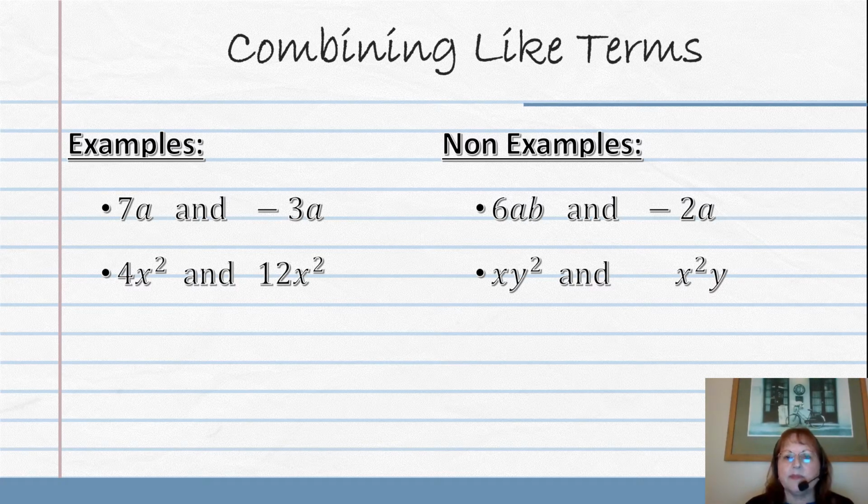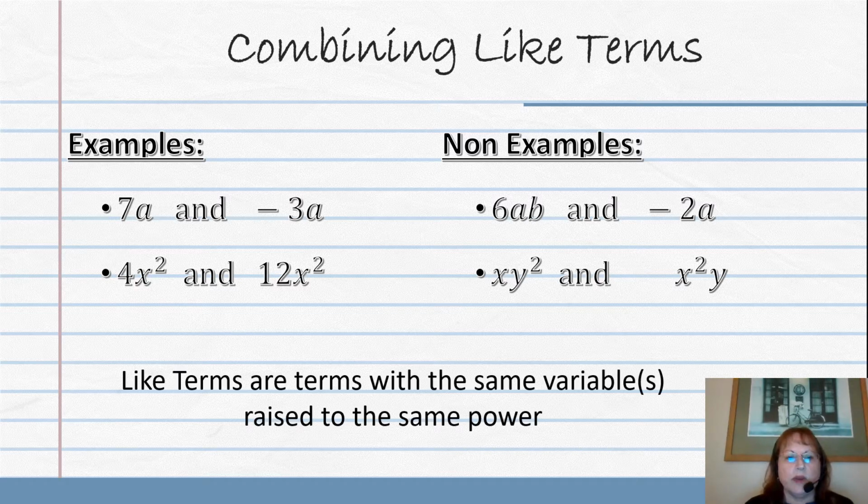So again, these are not raised to the same power. The x in the first term is raised to the first power, and in the second term, x is squared. So let's review that like terms are terms with the same variables raised to the same power.